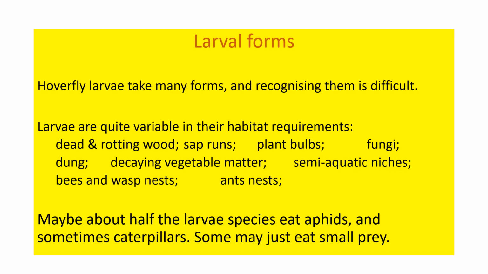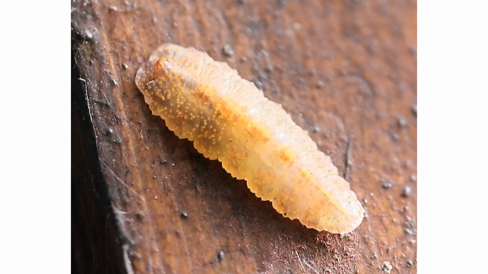I'd be very lucky if you do find any, but you can see I've listed the greatly varying habitat requirements. And I mentioned that not all larvae eat aphids; sometimes it's caterpillars, and some just eat small prey. So this is an example of the larval form of a particular hoverfly species.